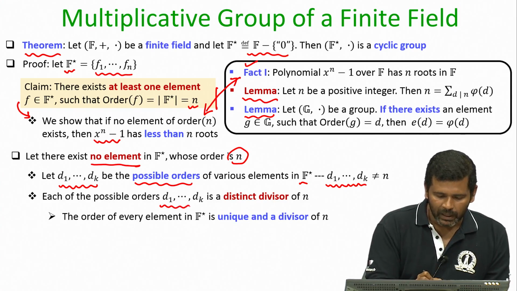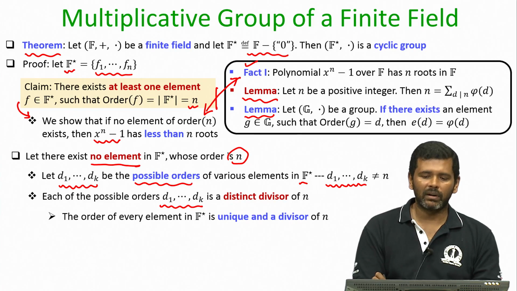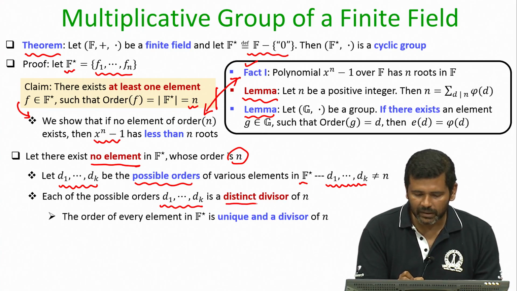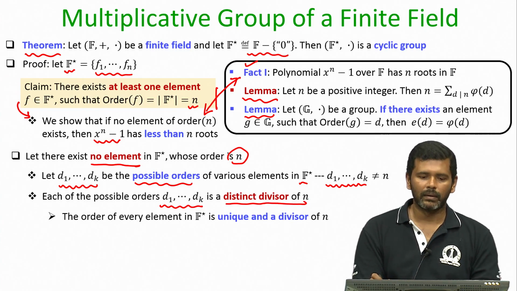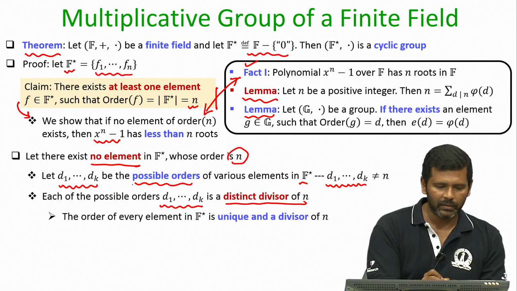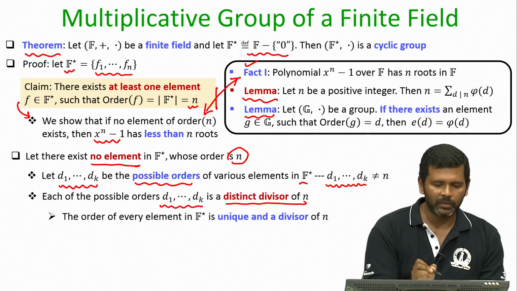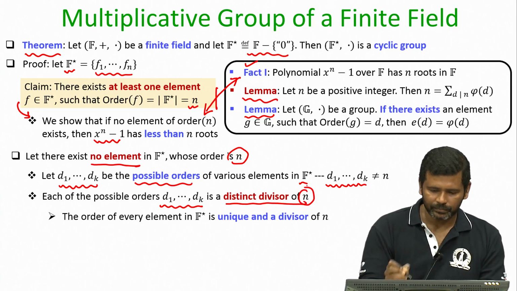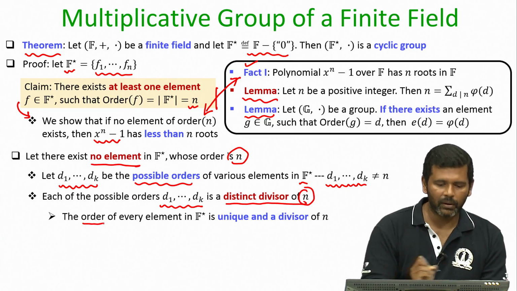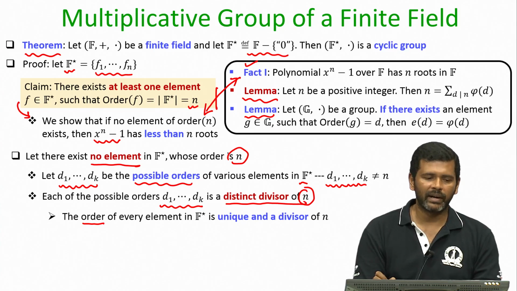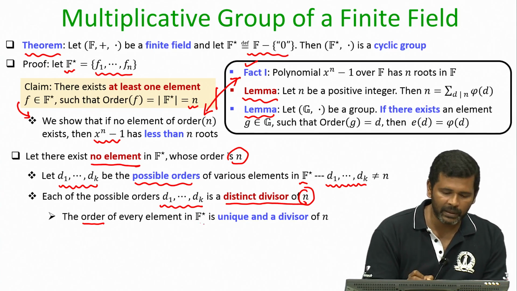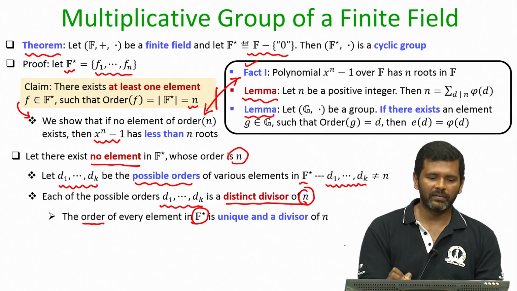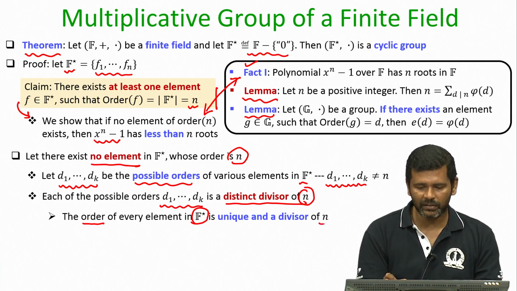Now, I also know that each of these possible orders d1 to dk is a distinct divisor of n. They are distinct because they are the various possible distinct orders, and why is each a divisor of n? Because I know that the order of any element from F star, which is a group, divides the order of F star, and the order of F star is n.